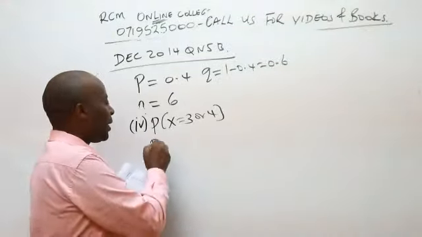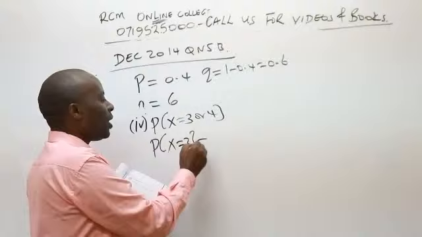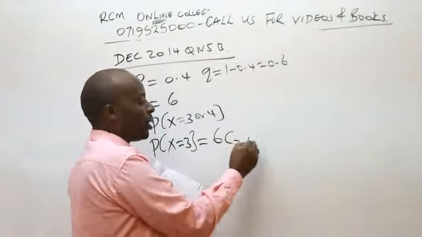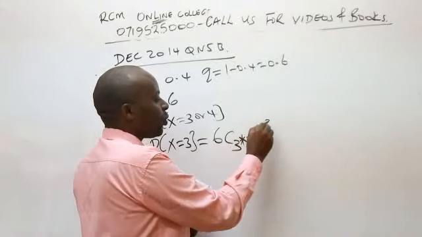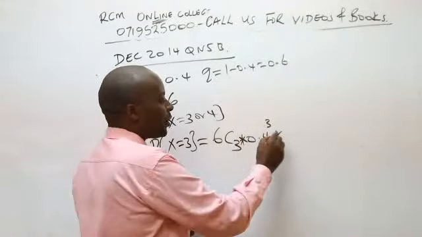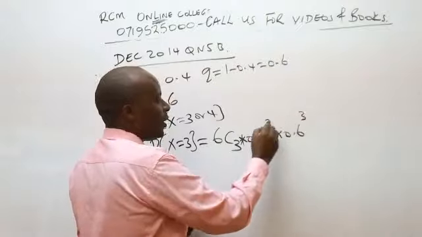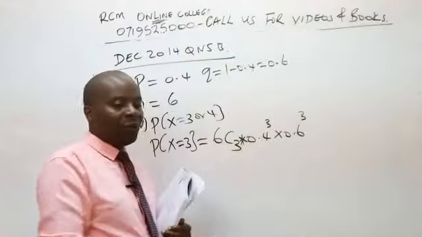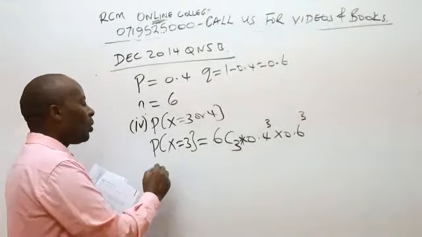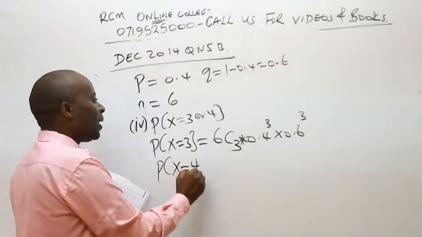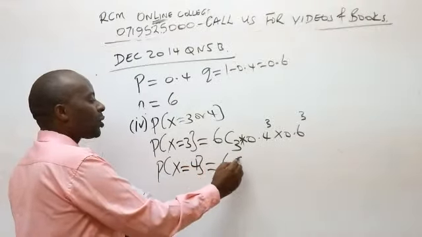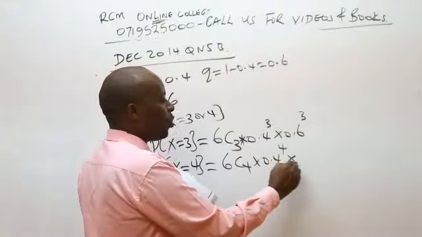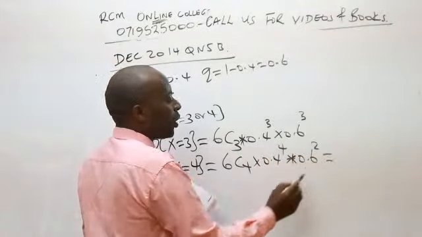So probability of X being equal to 3 will be n, still 6, combination 3 times 0.4 raised to X, which is 3, times 0.6 raised to the balancing figure. Given that the two powers must add up to 6, the balancing power will be 3. And then I'll look for probability of X being equal to 4, which will be 6 combinations 4 times 0.4 raised to 4 times 0.6 raised to 2.